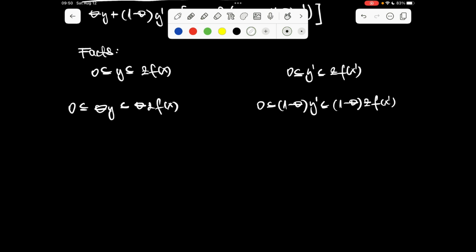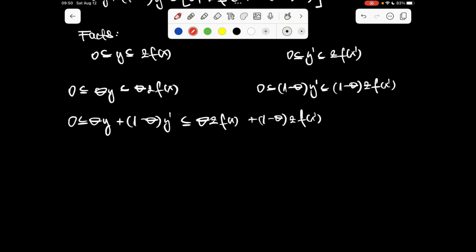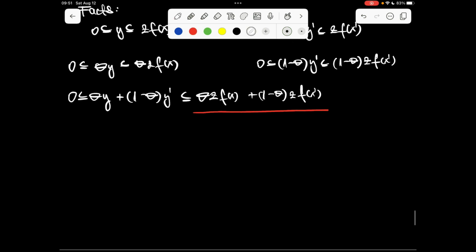It follows, if we add up these two inequalities, then it is also true. It also holds. It is starting to look like something we need, but trust me, it's not the thing we need.